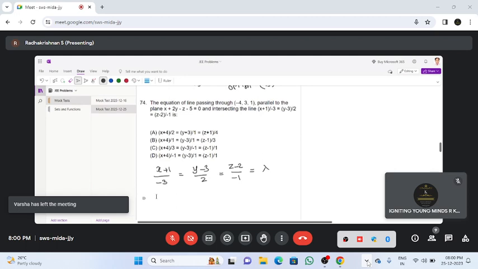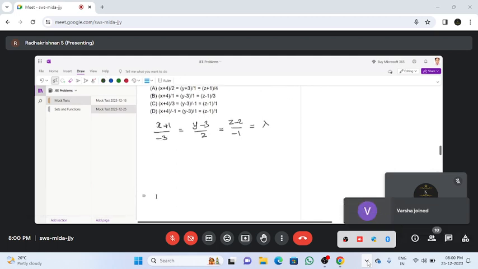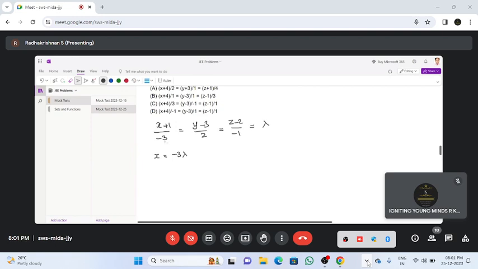So any point on this line will be of the form x equal to, I am just multiplying, (x plus 3) divided by minus 3 equal to lambda. If we solve that, x equal to minus 3 lambda minus 3, y equal to 2 lambda plus 3, z equal to minus lambda plus 2.